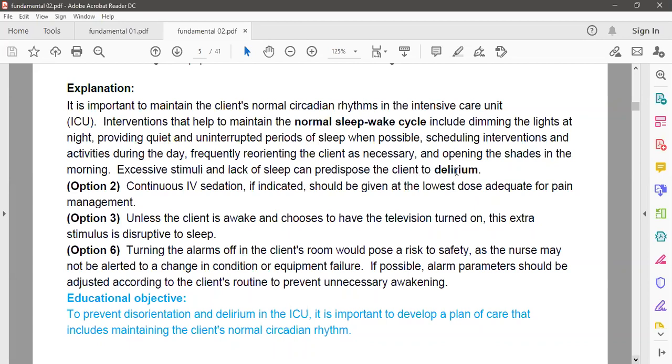So there are two terms you should know. One is dementia, the other is delirium. Dementia means forgetfulness, and delirium is a disorder characterized by restlessness, some illusion, or incoherence of thought and speech.